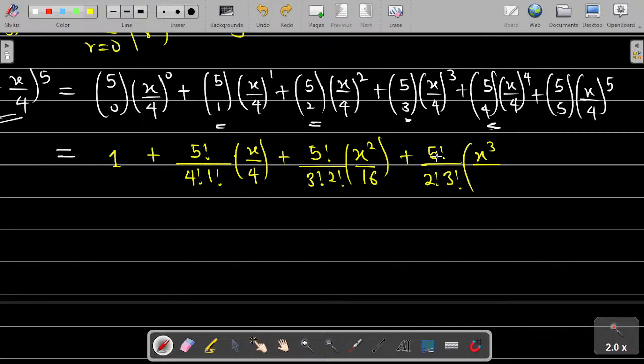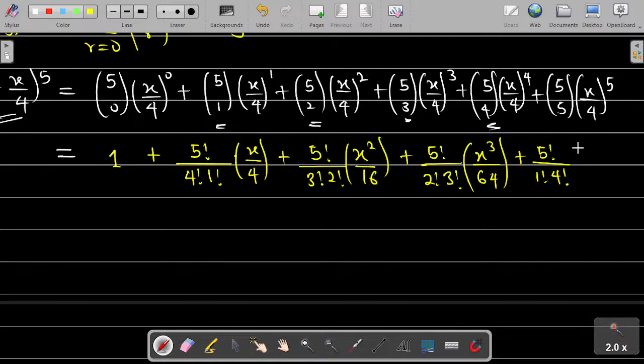4 raised to the power of 3 is 64. Then we go to the next one, 5 factorial over 5 minus 4, which is 1. So you have 1 factorial times 4 factorial. You can see how this now is equal to this one.